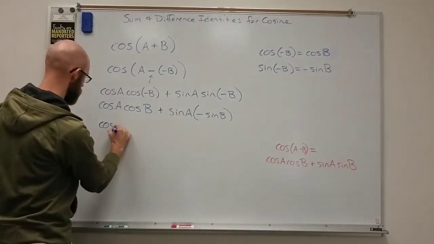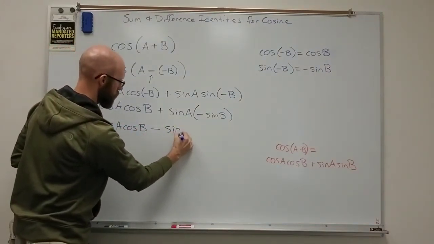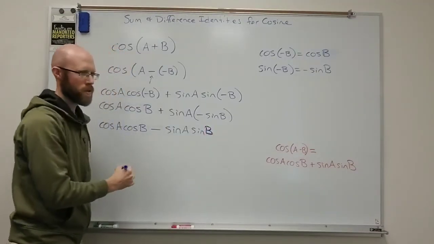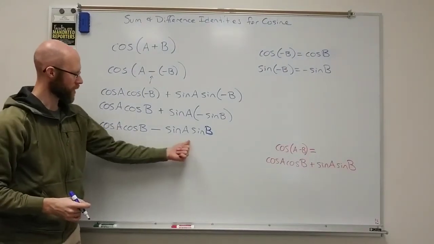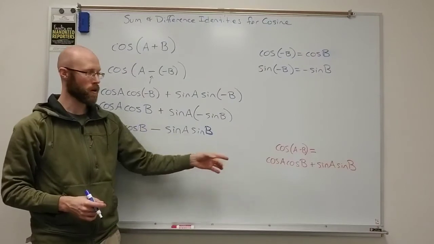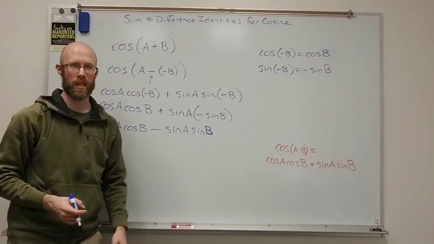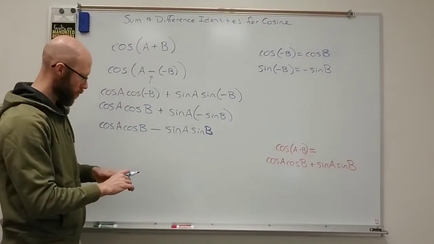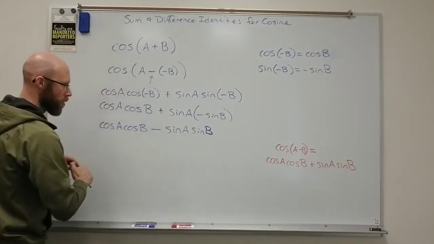So I'm going to write this as cos A cos B minus sine A sine B. So we've got this nice formula. It's similar to what we had before, except it has a minus in the middle. It's really the only difference. Everything else looks the same. So let me write that up there in a nice succinct way like I had before.